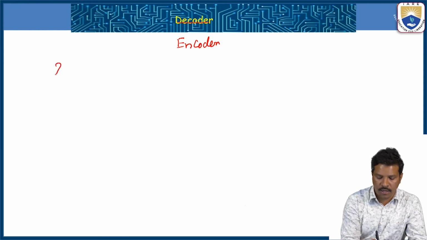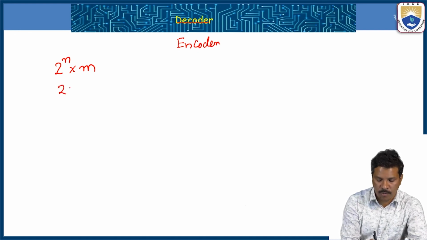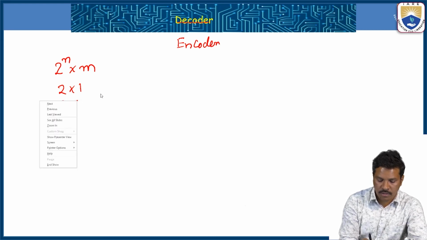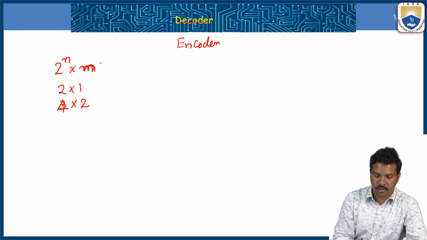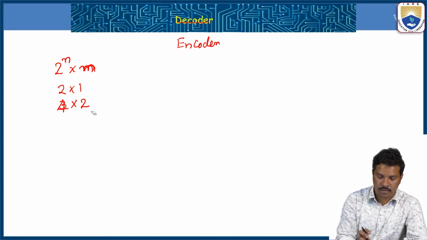An encoder is represented by 2 power n inputs and n outputs. Examples: 2 by 1, 4 by 2, and 8 by 3, like that we have encoders.